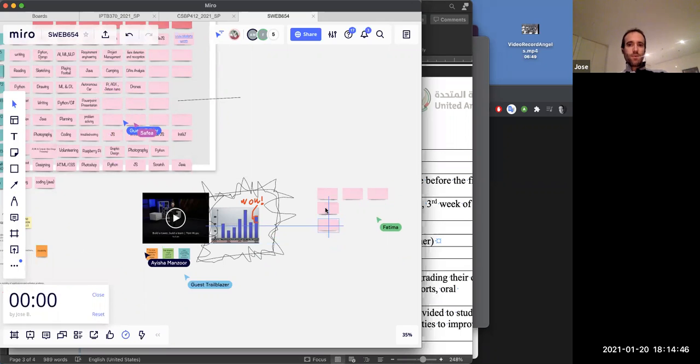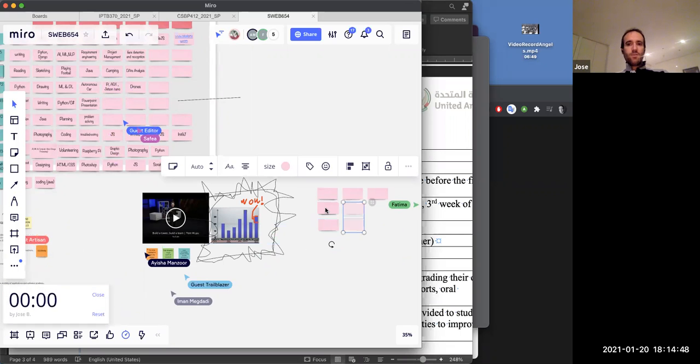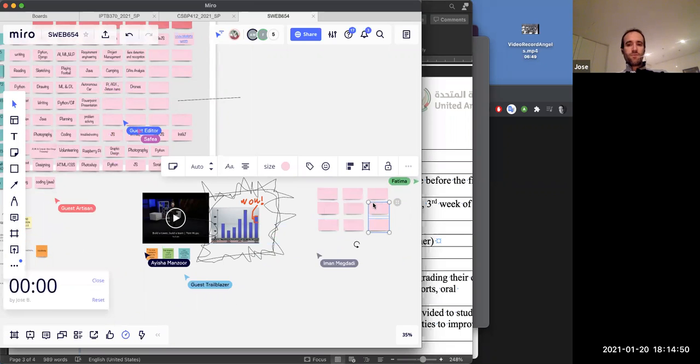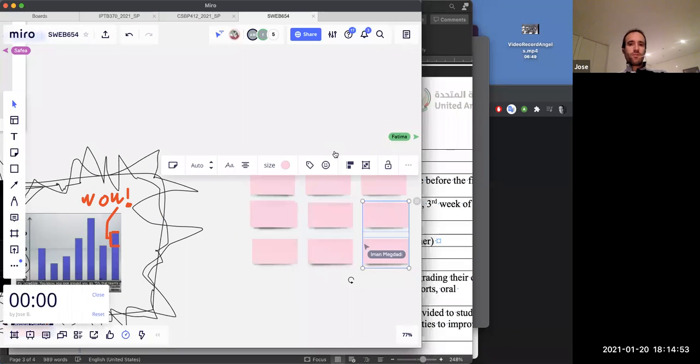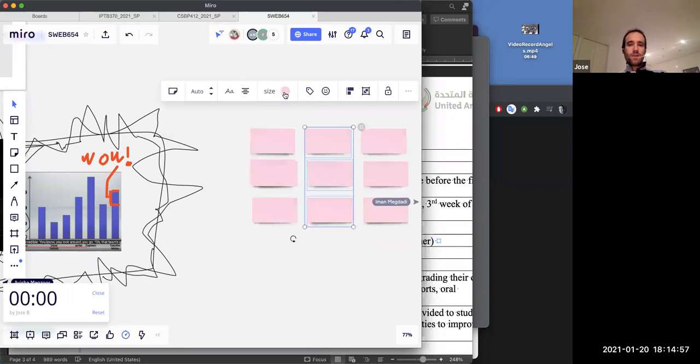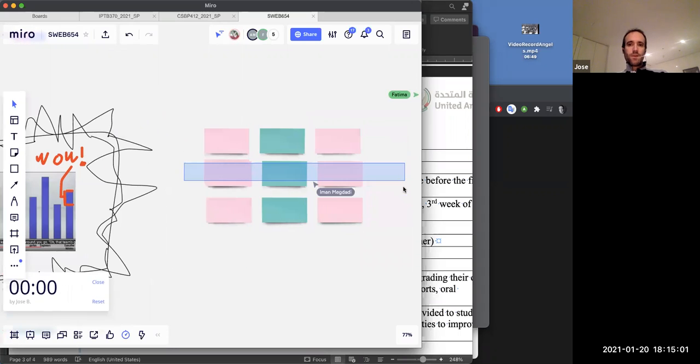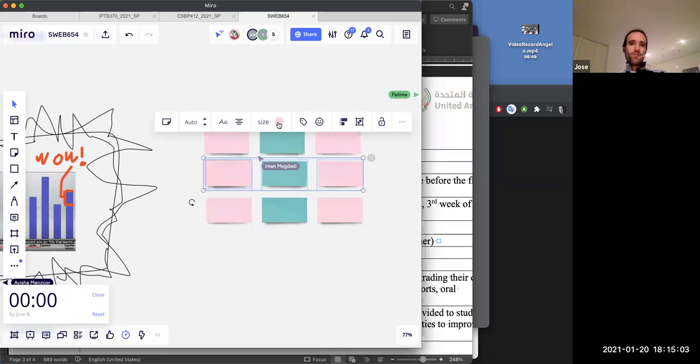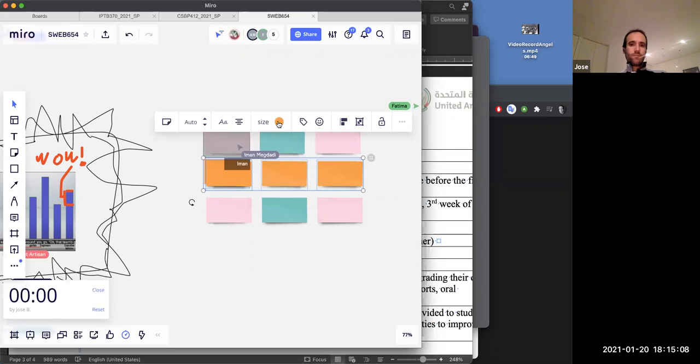What is the number one thing that you would like to learn in terms of software or in terms of skill? Sounds good? Just type anything you want that comes to mind. That will help us focus a bit more on different things.